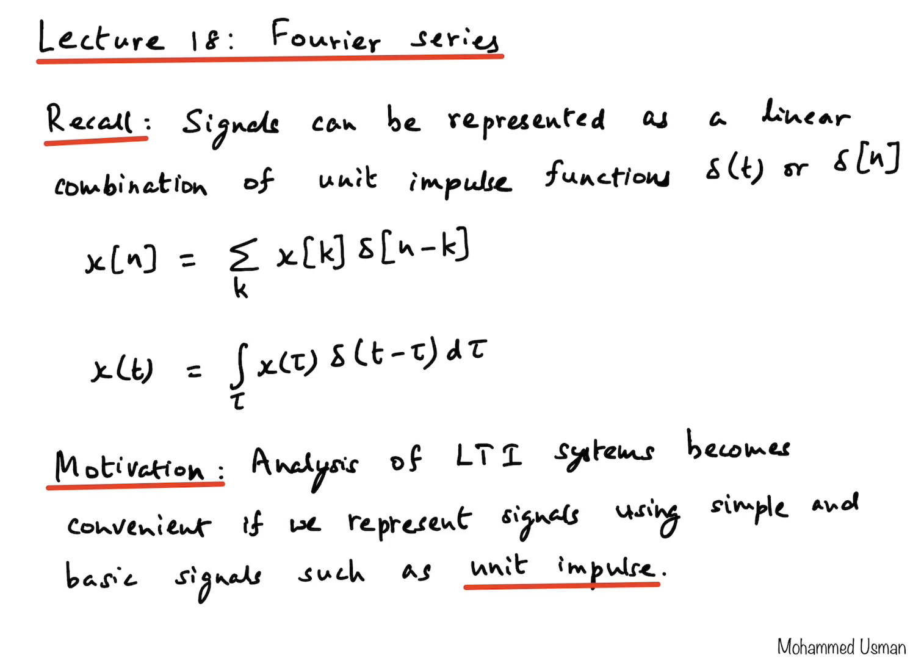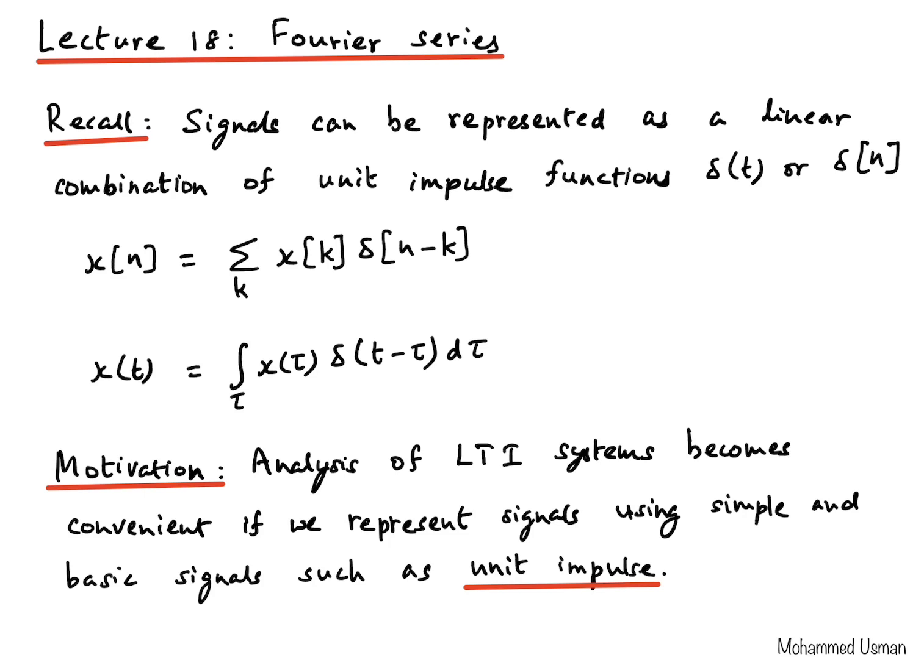So the idea that we are going to develop now is that just as we are able to represent a discrete signal or a continuous signal as a linear combination of the unit impulse function, we can also represent any discrete signal or a continuous signal as a linear combination of complex exponential signals as well.